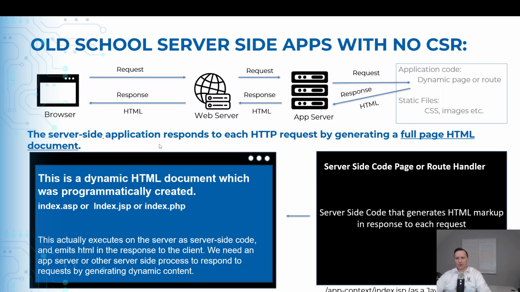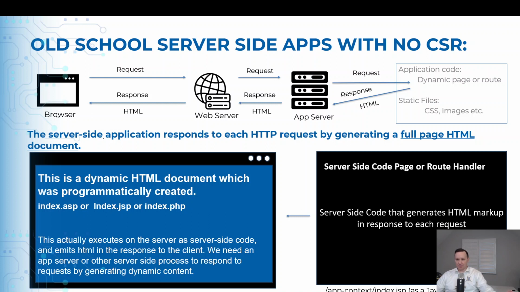This is different than old school server-side apps with no client-side rendering. So in this case, maybe you've got a database and an app server process that reads it, but the way it's going to work is a request comes in from the browser. If your web server is set up as a reverse proxy, it proxies that to the app server. The app server then fields that request. Some dynamic code in your app server will then execute. It's going to return markup, so it's going to return HTML. The app server returns HTML to the web server. The web server, once again, returns HTML to the browser.